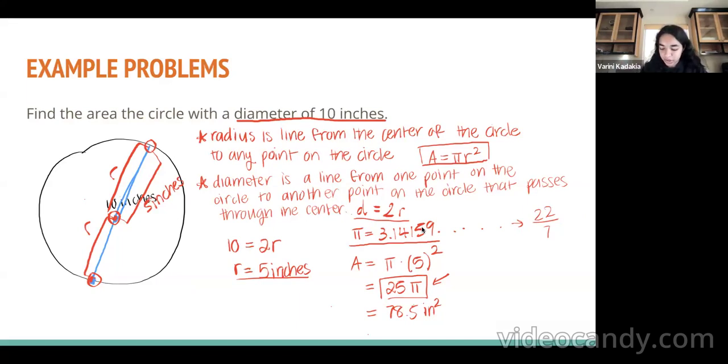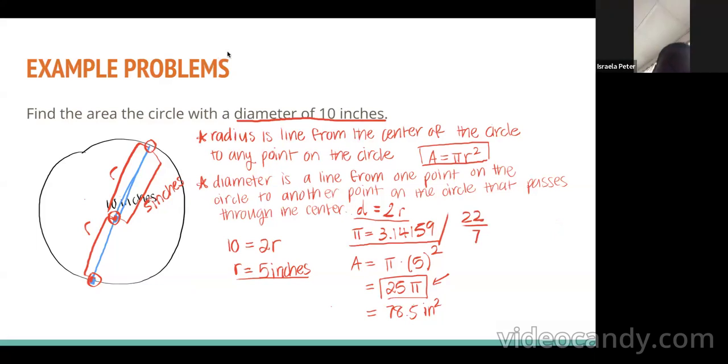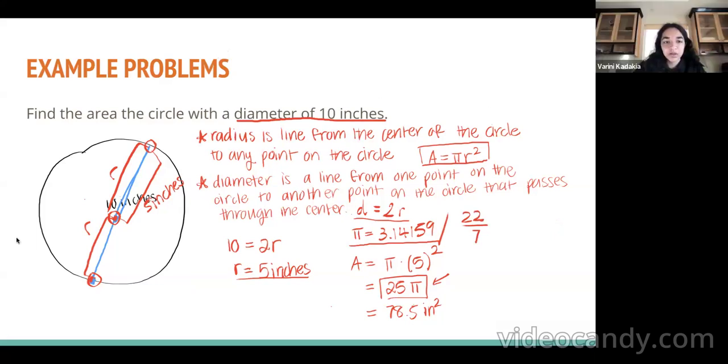You can estimate pi using its first 5 digits or so, like 3.14159, or you can use 22 over 7 as your estimate if you ever need to find an answer without pi in it. Does that make a little more sense on what pi is? Yes.